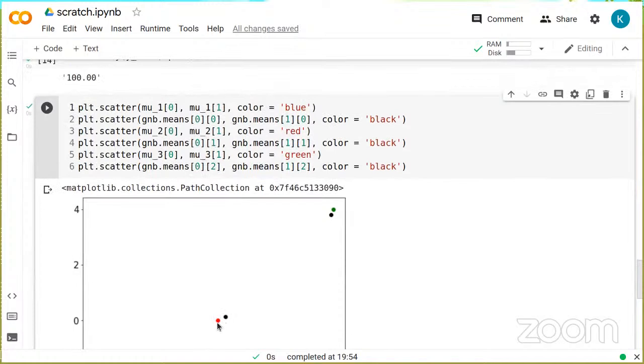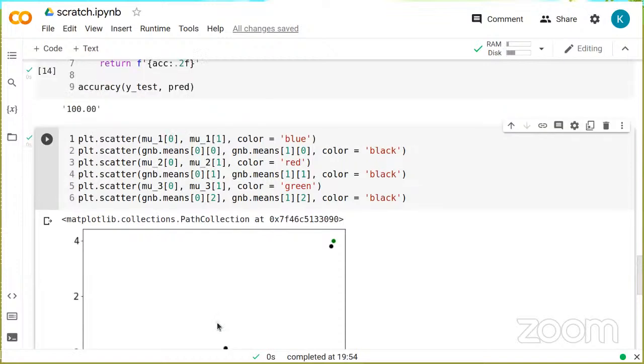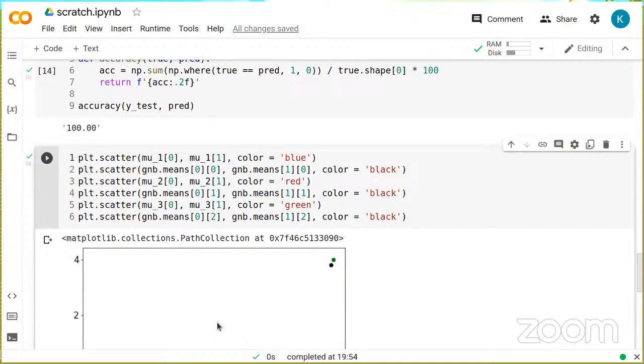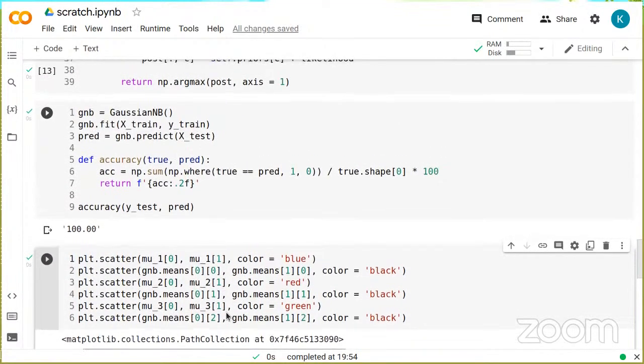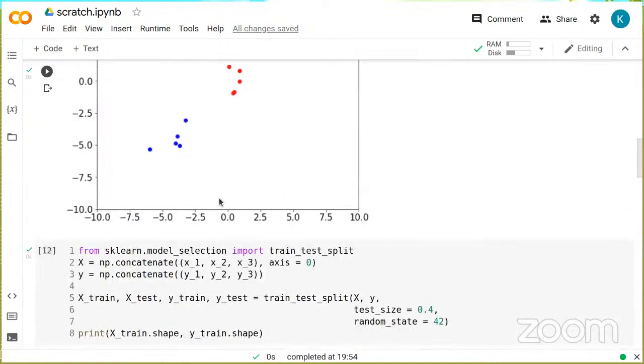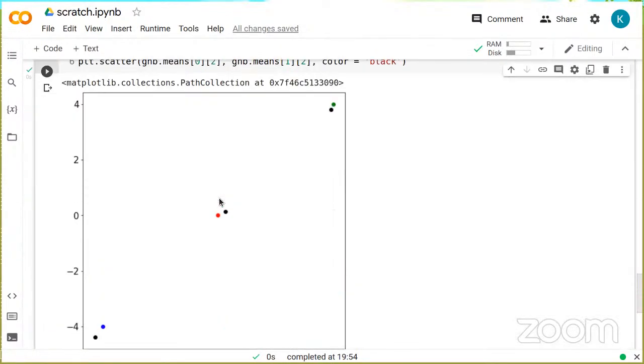So as I said, this is a very toyish example, right? There's no challenge for the algorithm. But how come the accuracy is increased, sir? It was 99.5. That is because we have only 5 points, right? So our data set size has also come down.